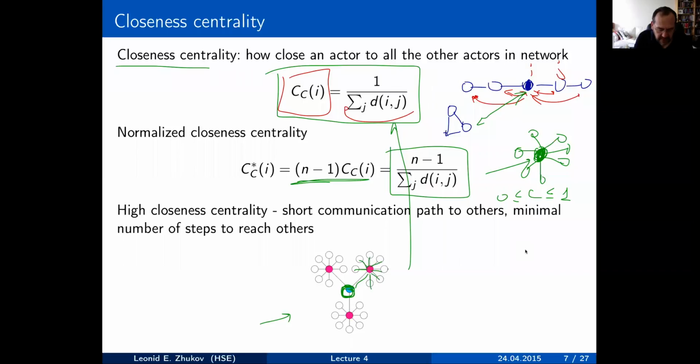But if we take, say, this guy, then it will have several short distances, but for a lot of nodes, it will have to go pretty far. And so the total sum of all the distances will be pretty large. And if you calculate those distances and compare them, you will realize that it is the central node that will be the most central in terms of closeness centrality.